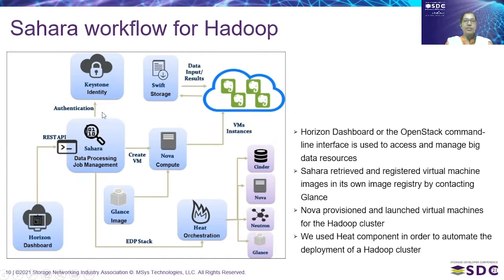Sahara in turn requests Keystone for authentication, these being the components in OpenStack, and the request moves to Nova Compute for creating a VM. Nova in turn uses Glance to retrieve images, and uses Swift to store input data and output data, and it also utilizes Heat for orchestration.